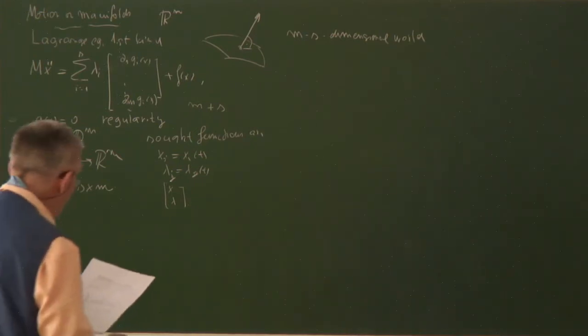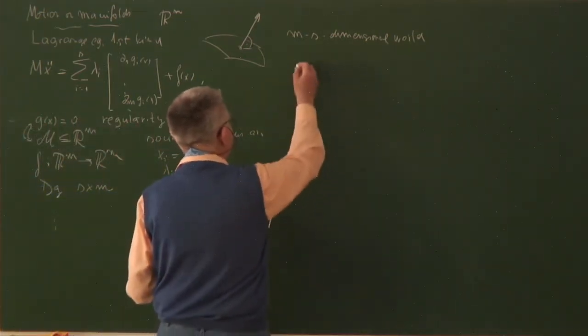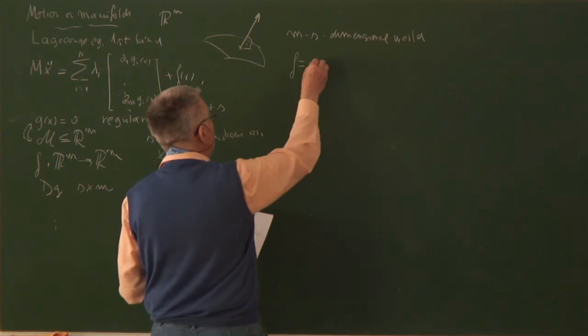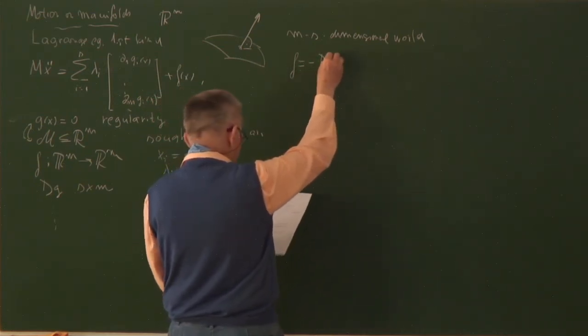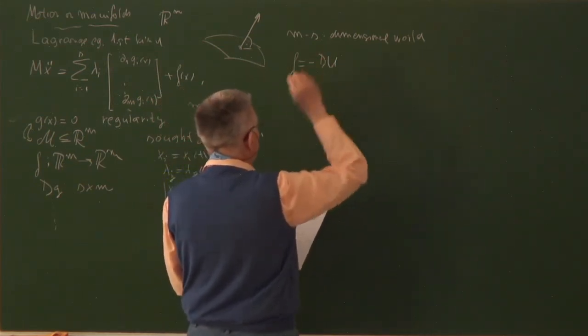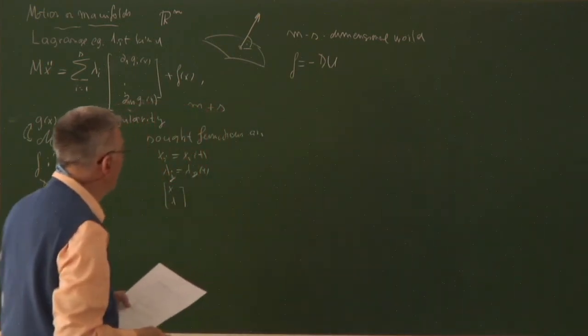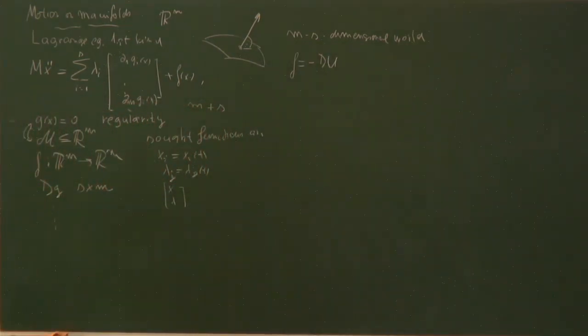So, we consider a special case in which F is equal to minus gradient of a potential energy. We will assume those functions to be sufficiently smooth, typically twice continuously differentiable.